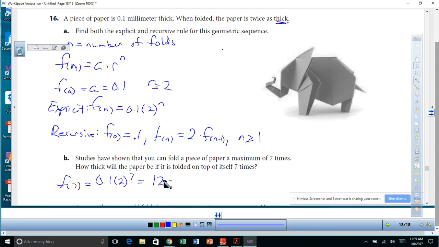So the paper would be 12.8 millimeters thick. Not tick, but thick. All right, good.